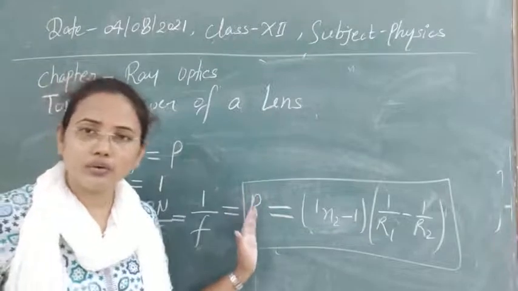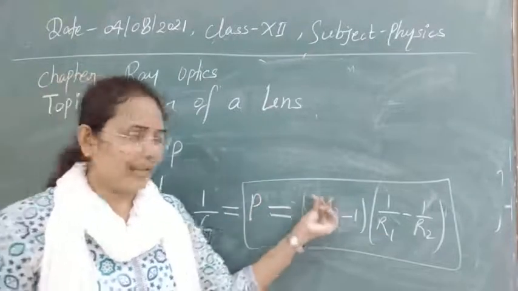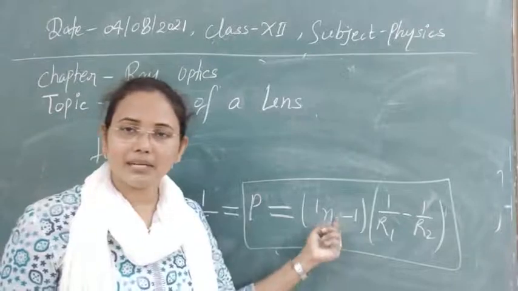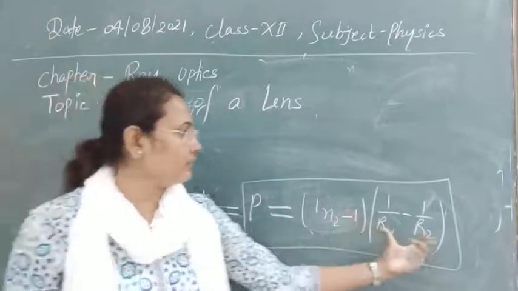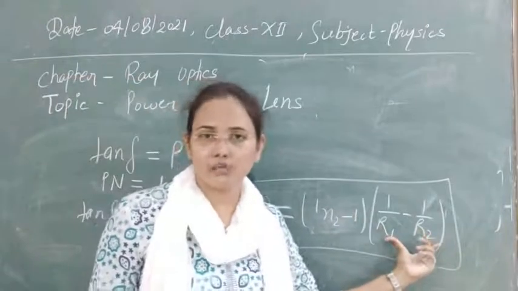If it is not, then as the material and its value are constant, put the power you need here and calculate the value of 1 upon R1 minus 1 upon R2.